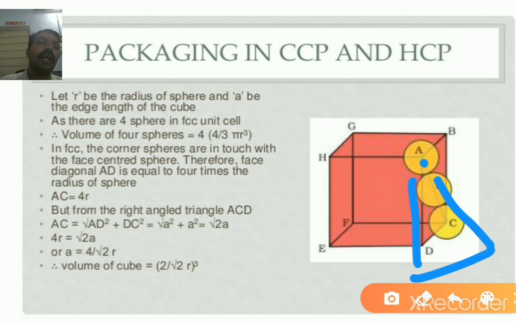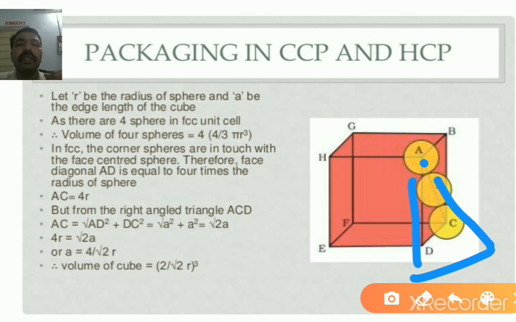So AC is equal to 4r in one case, and in another case AC is equal to root 2 a. Equating the two, 4r is equal to root 2 a, and a is equal to 4 by root 2 r.